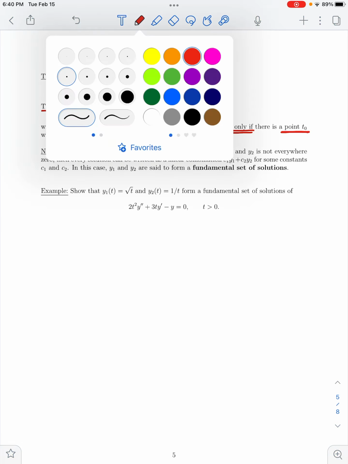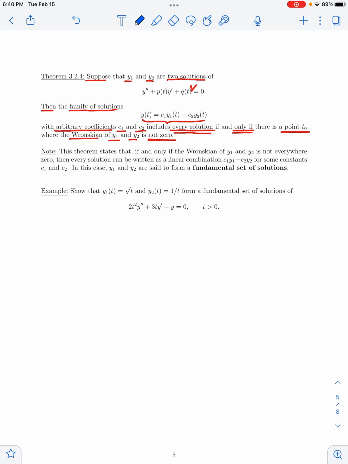So in short, what this theorem says is that if and only if our Wronskian of two solutions, y1 and y2, is not everywhere 0, that is, it's not always equal to 0, then every solution of the differential equation can be written as a linear combination c1 times y1 plus c2 times y2 for some constants c1 and c2.